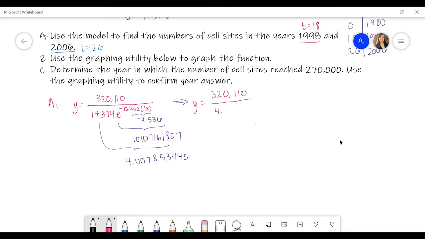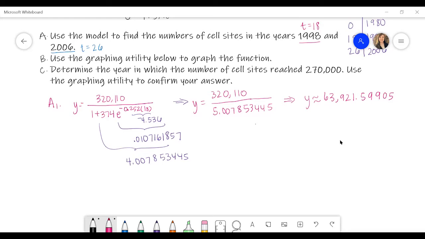I didn't add my 1 in. And this gives us Y is approximately 63,921.59905.